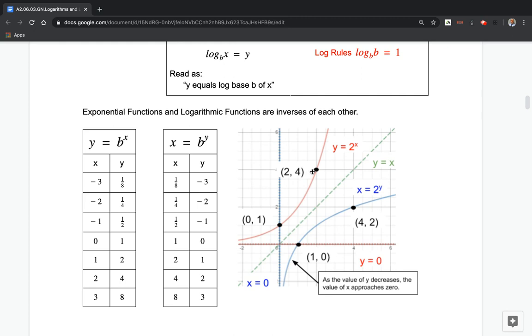We also have the point 2, 4, and reflected we get 4, 2. The asymptote also switches for each of these functions. So right here, the y-axis is the asymptote for the logarithmic function. And here, the x-axis is the asymptote for the exponential function.